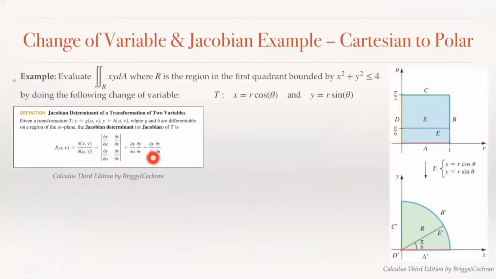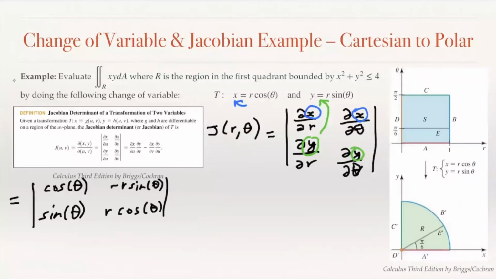Here's our formula. And here, instead of j of uv, we're just doing j of r theta, just using different variable names. Instead of uv, we have r theta. So we want the Jacobian, j of r theta: del x del r, del y del r, del x del theta, del y del theta, where x is r cosine theta and y is r sine theta.